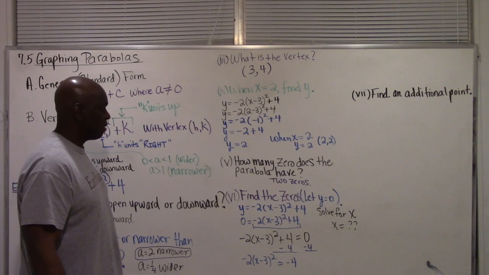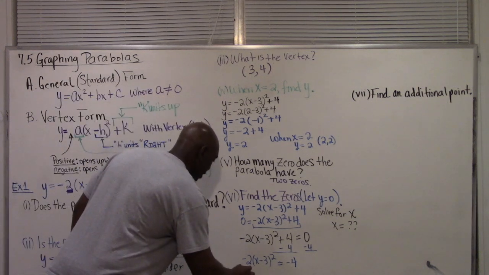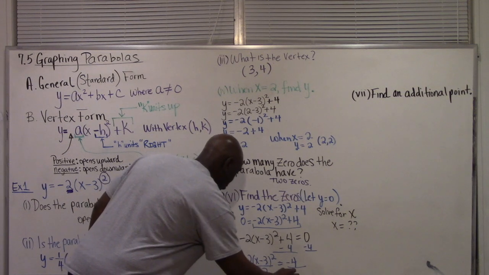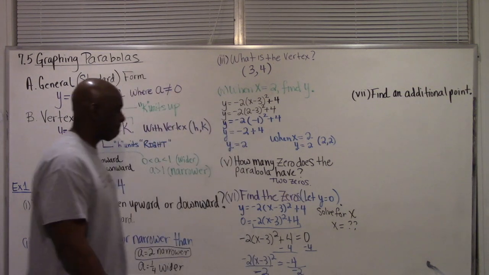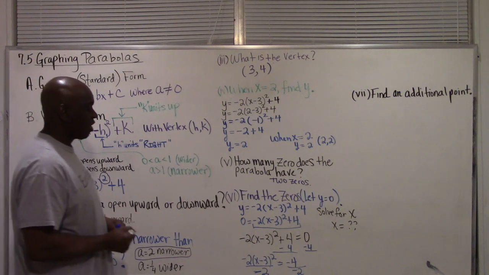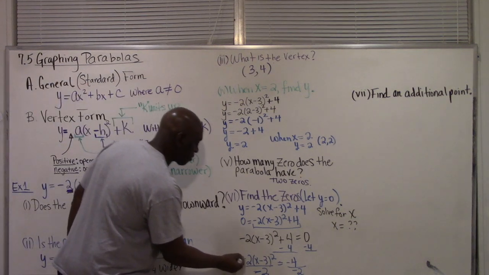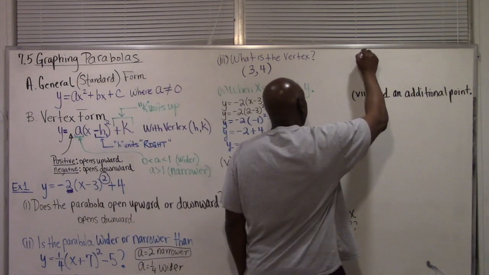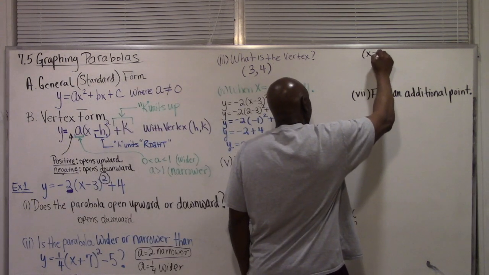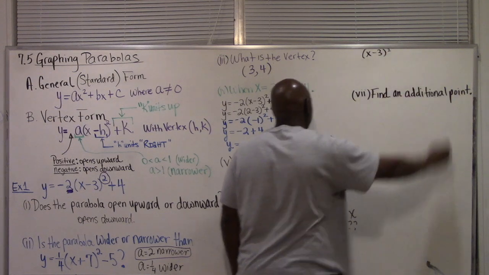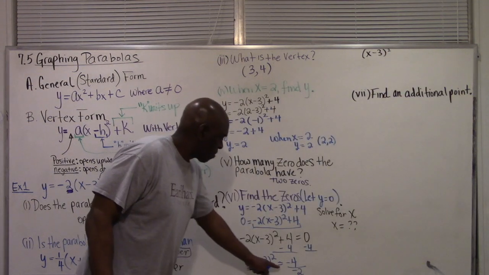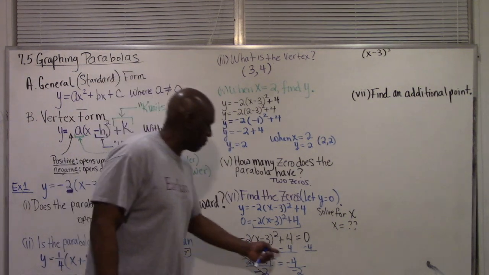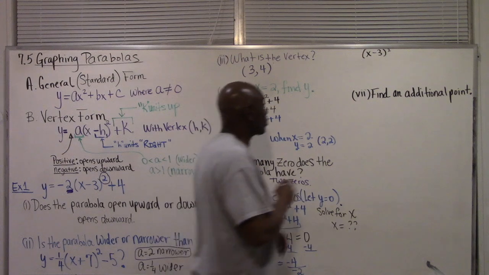Now divide both sides by negative 2. Notice right here the negative 2's cancel out. So I'm going to have (x minus 3) squared equals negative 4 divided by negative 2, which is positive 2. Equals positive 2.